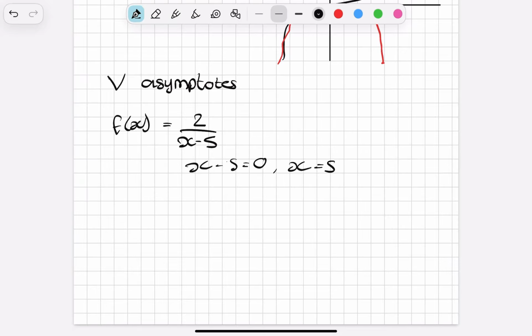Now if you look at our horizontal asymptotes, this is where x gets really large.